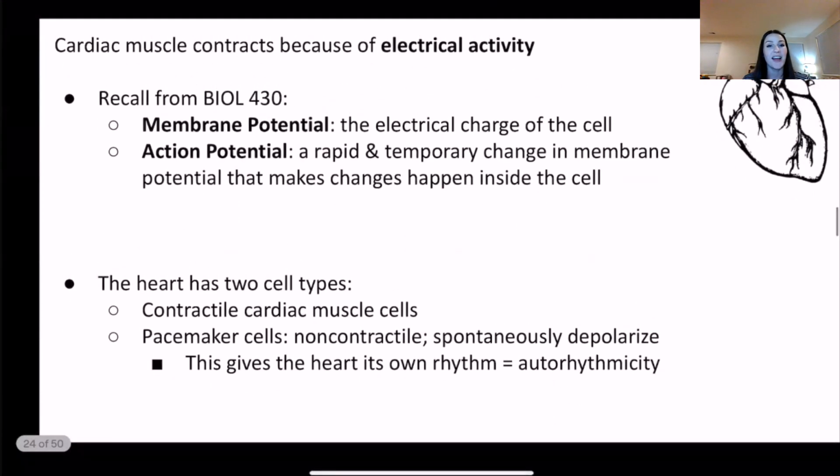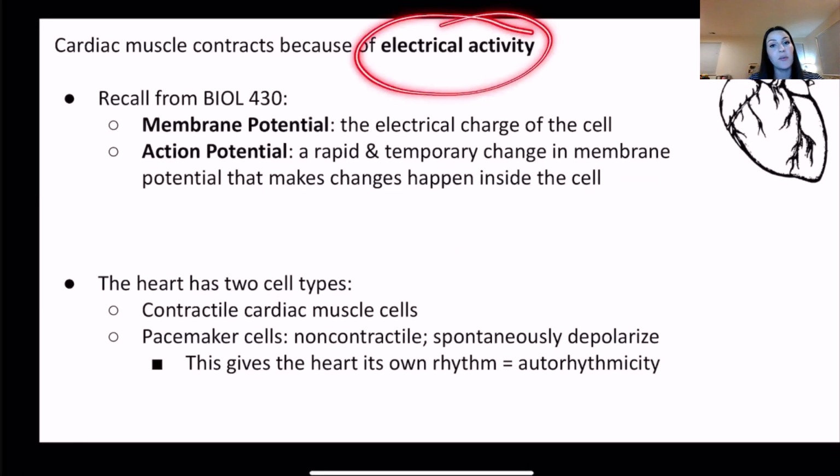We know already from Bio 430 that muscles contract because of electrical activity. That electrical activity we learned about in Bio 430 was action potential. It's no different here, not really. So think back to Bio 430. We talked about membrane potential. Membrane potential is the charge of a cell. It's the difference in charges across the membrane, but think of it as the charge of a cell.